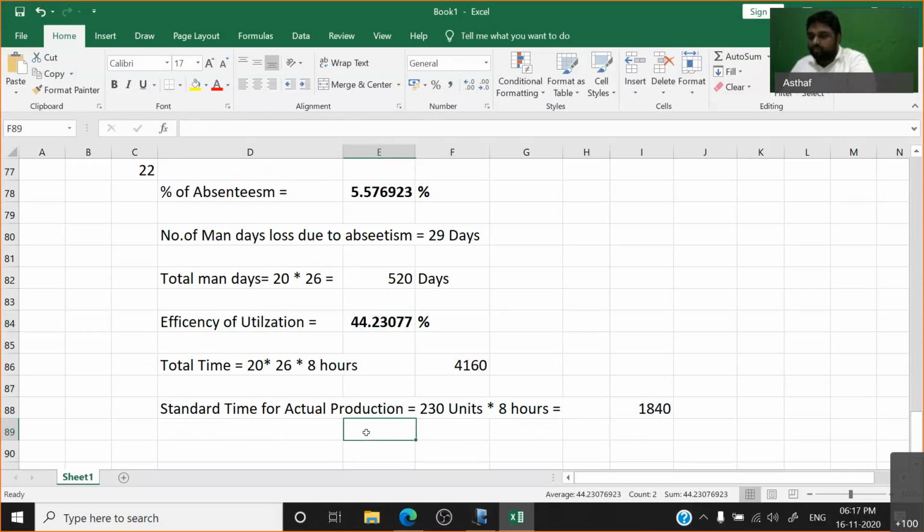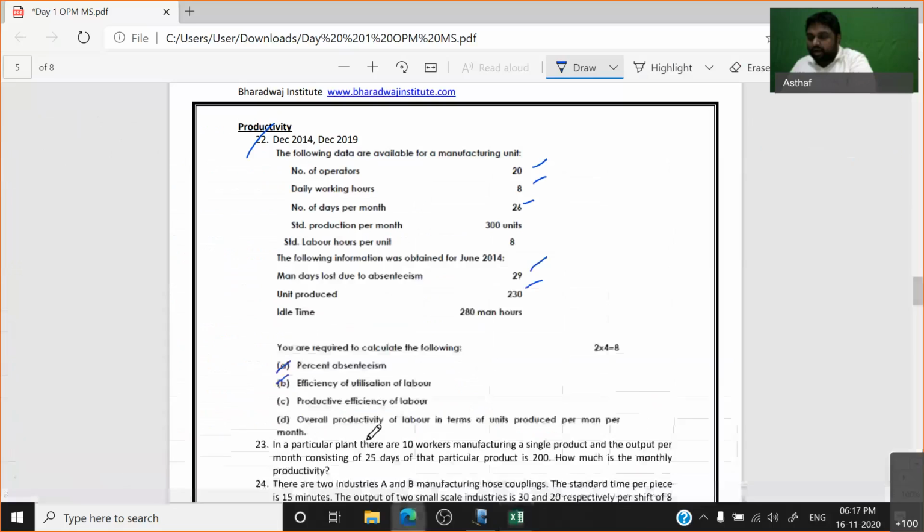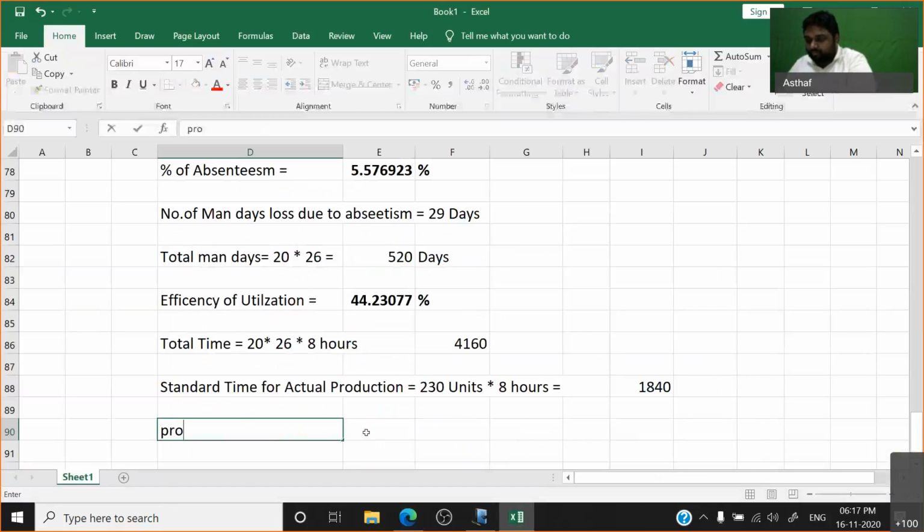Now, last, productive efficiency. Productive efficiency is your actual time divided by your standard time.